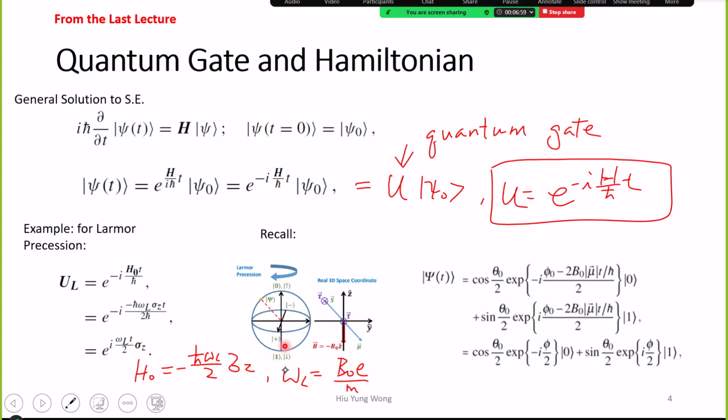And do you remember, when the charge is negative, whether the magnetic moment is parallel or anti-parallel to the spin? I forgot what I was asking.